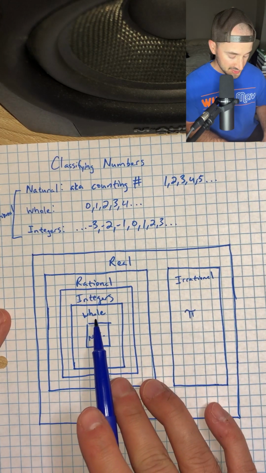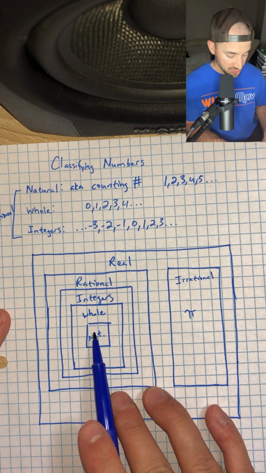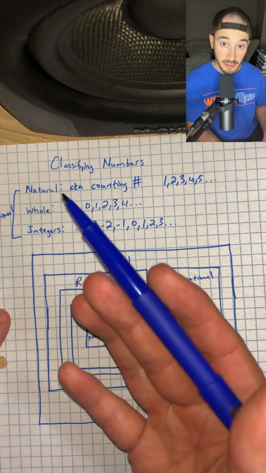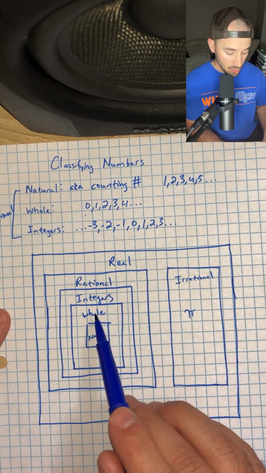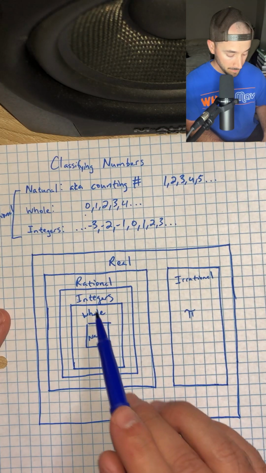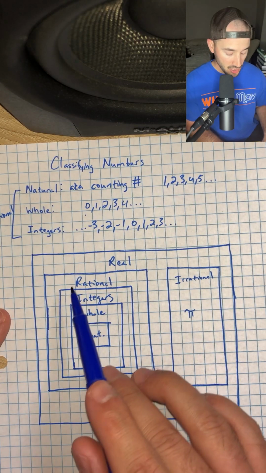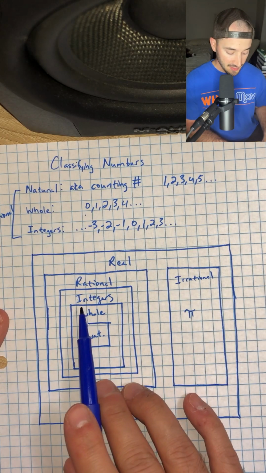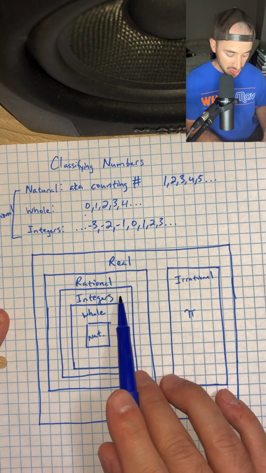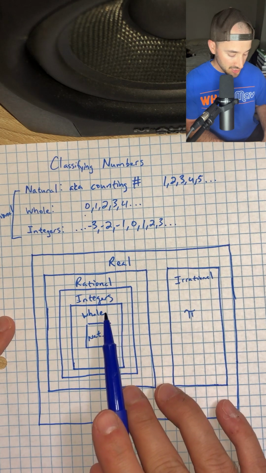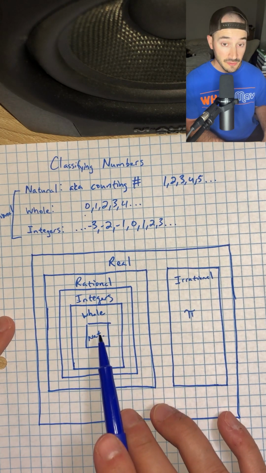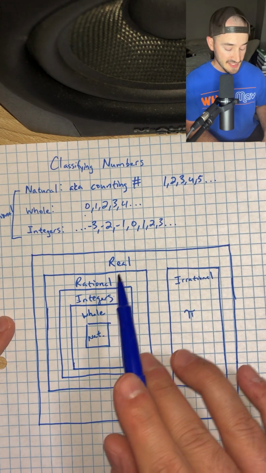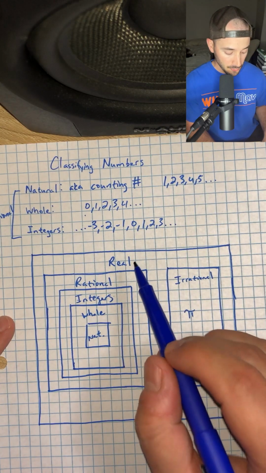What about, let's say we have a whole number that's not a natural number, so obviously 0, right? So 0 is a whole number, it's not a natural number. It's also an integer, a rational number, and a real number. If we had -3, which is an integer, -3 is not a whole number and not a natural number. It's an integer, it's rational, and it's a real number.